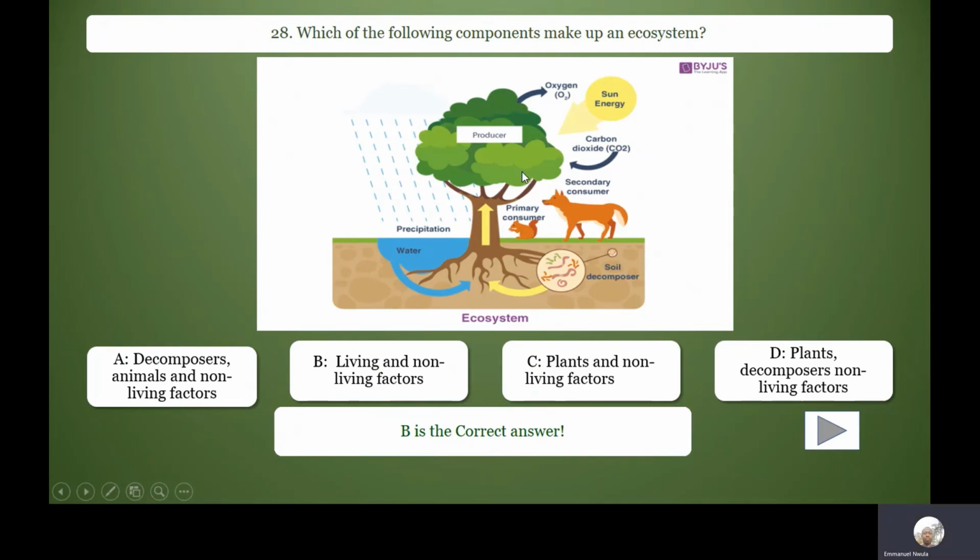Animals will feed on plants. Plants will release oxygen that will be taken in by animals for respiration. The plants will absorb nutrients from the soil. So there's a whole lot of interaction going on between the living and non-living factors that make up an ecosystem. So the answer here is B.